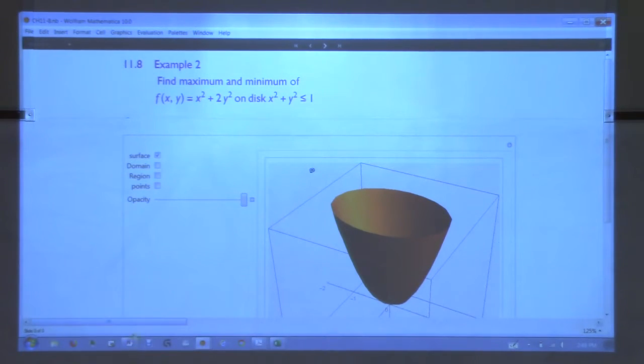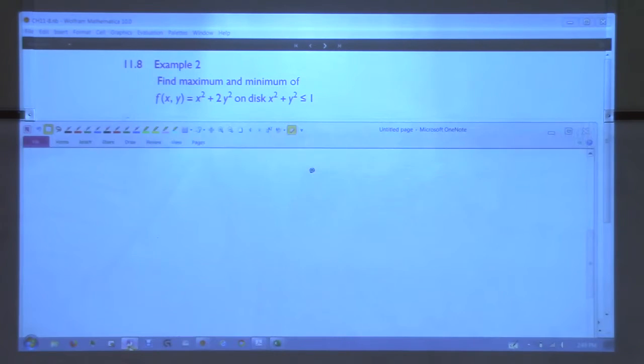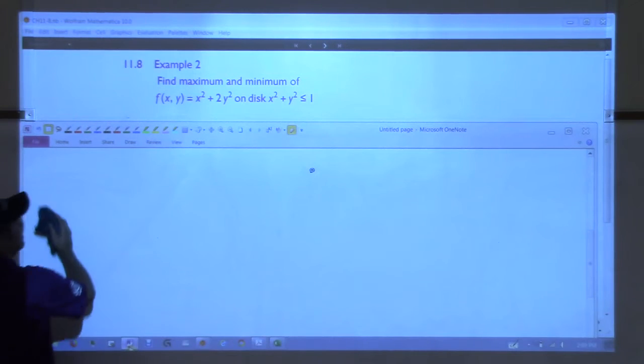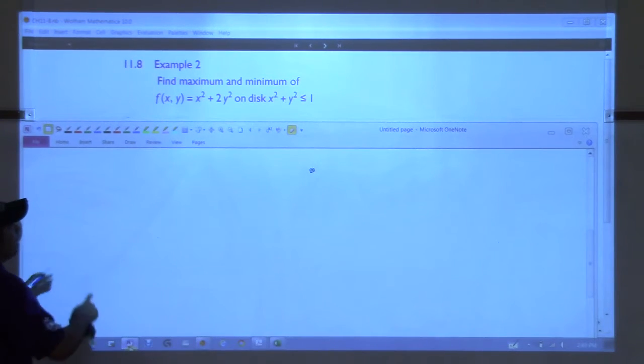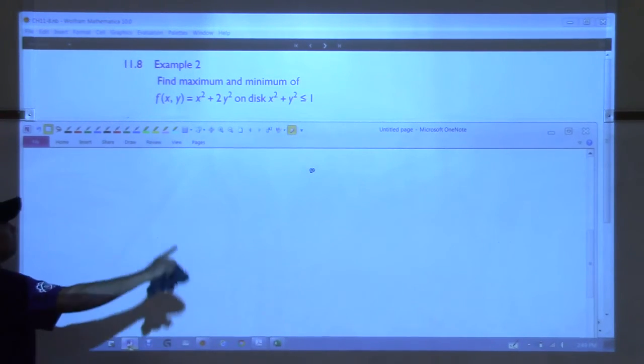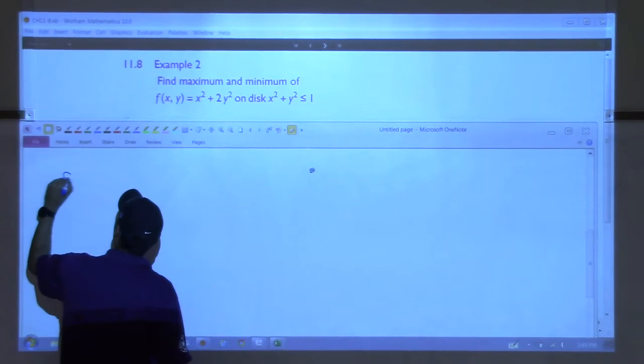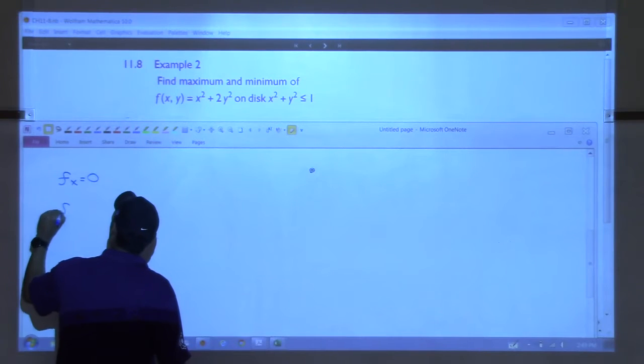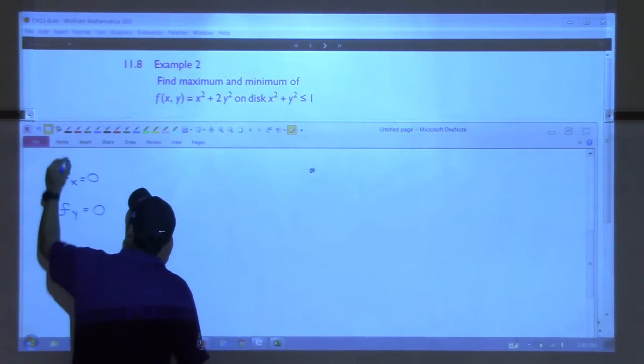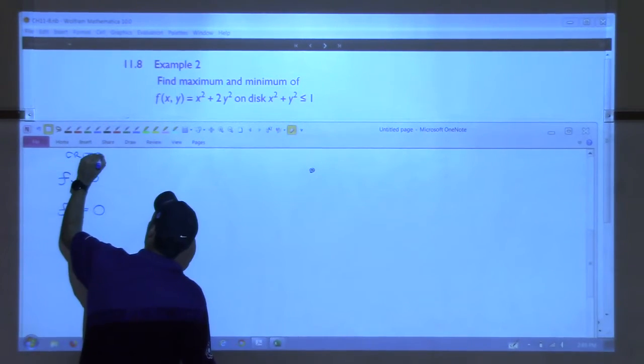We act like there's no domain restriction, as if we're going to calculate a capital D. When you're trying to find the max and min of a function on an unbounded domain, we take the partial of f with respect to x, set it equal to 0, and the partial of f with respect to y. We're trying to find the critical points.